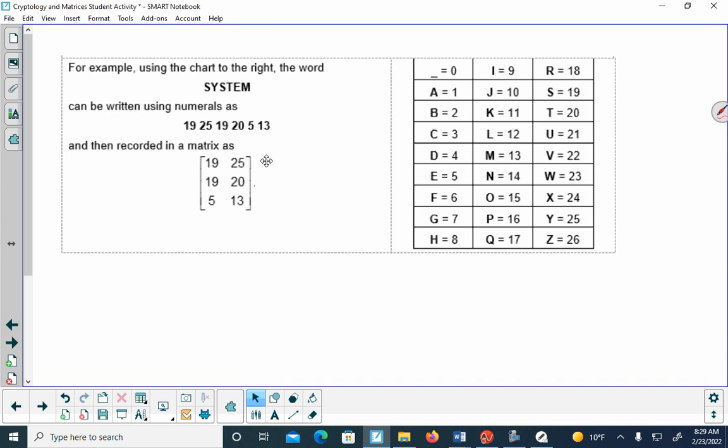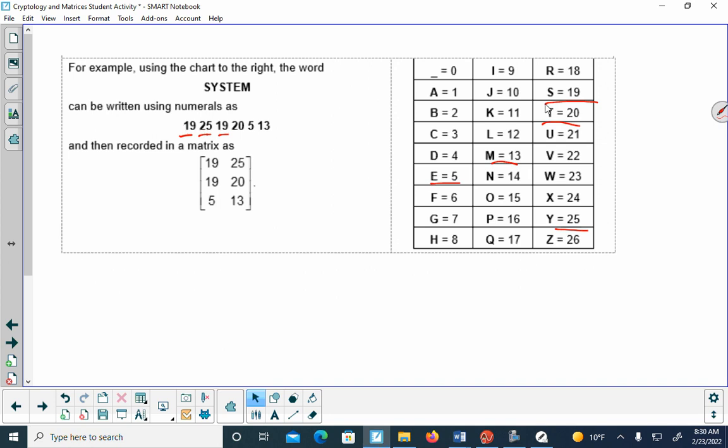So for the message system, S is 19, Y is 25, the S again is 19, the T is 20, the E is 5, and the M is 13. That's how I get 19, 25, 19, 20, 5, and 13.